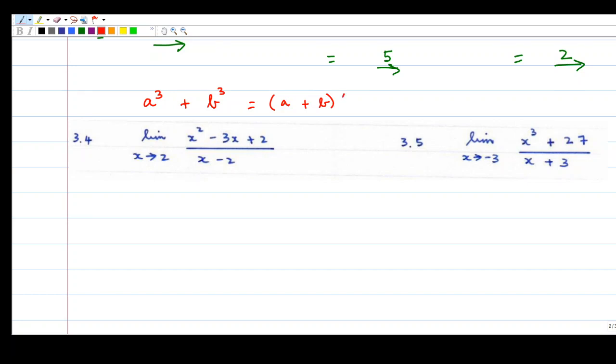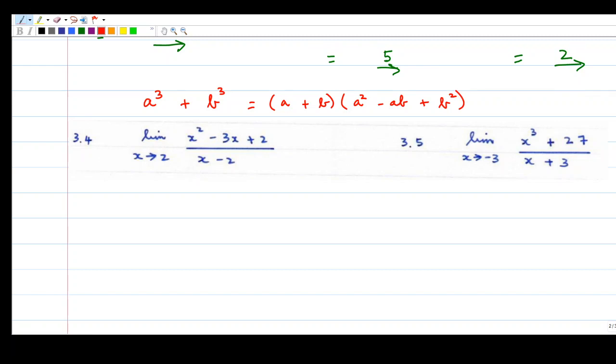You now generate the second factor from the first factor. You square the first term there, that's a squared. Take the product of those two terms, it gives you ab, and you change the sign, so it becomes negative ab, right? Plus the square of the second term in the first bracket, that's going to give us b squared.